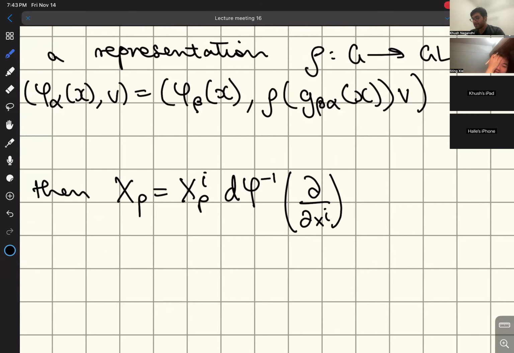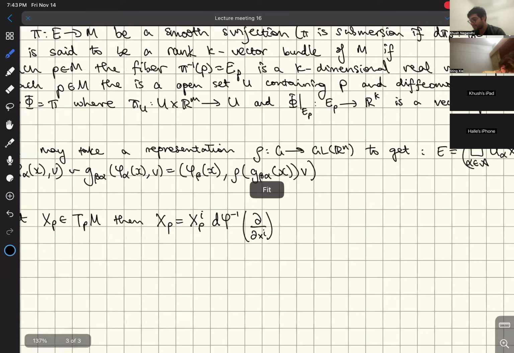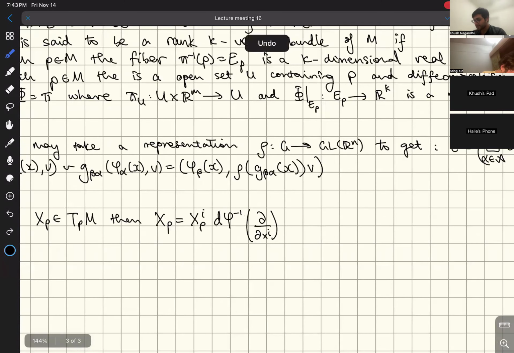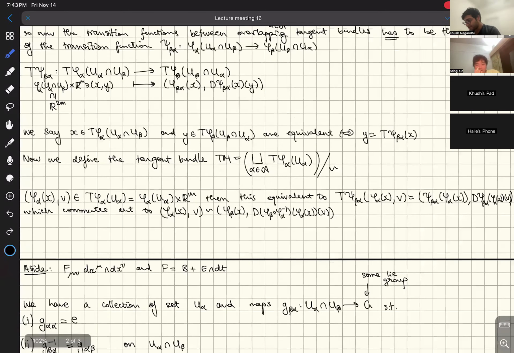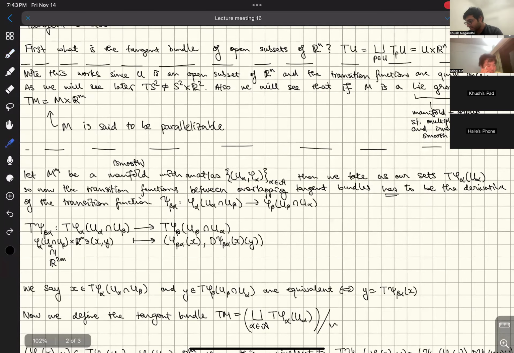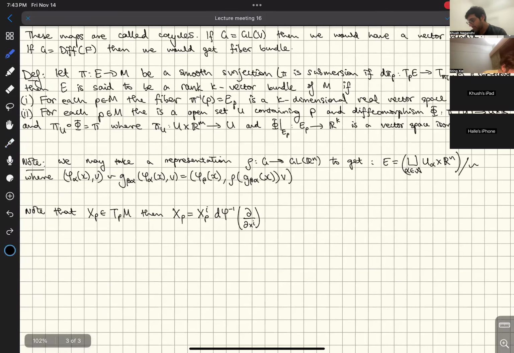If you recall, when we do a change of coordinates, we'll talk about this more next time, and we'll see why we wanted this definition of the tangent bundle.